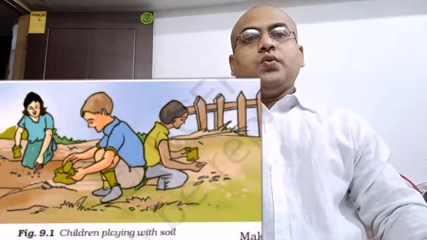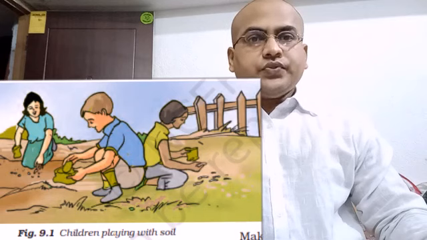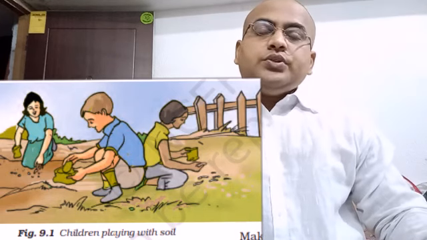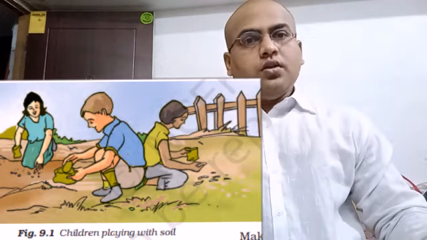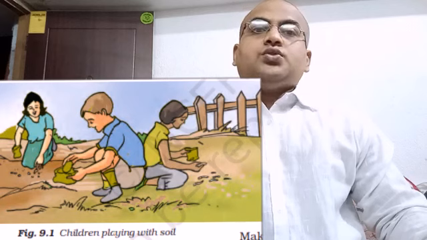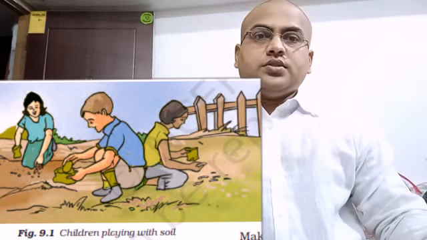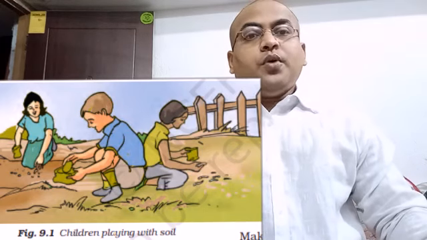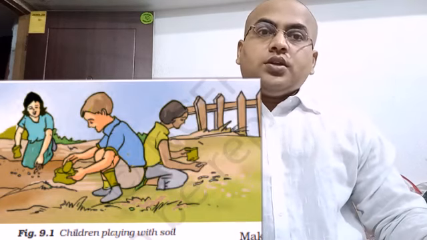So class, we had already discussed the formation of soil a little bit. Due to the process of weathering, soil is formed from rocks. So soil is a mixture of rocks and humus. Not only that, the type of soil depends upon the parent rock.